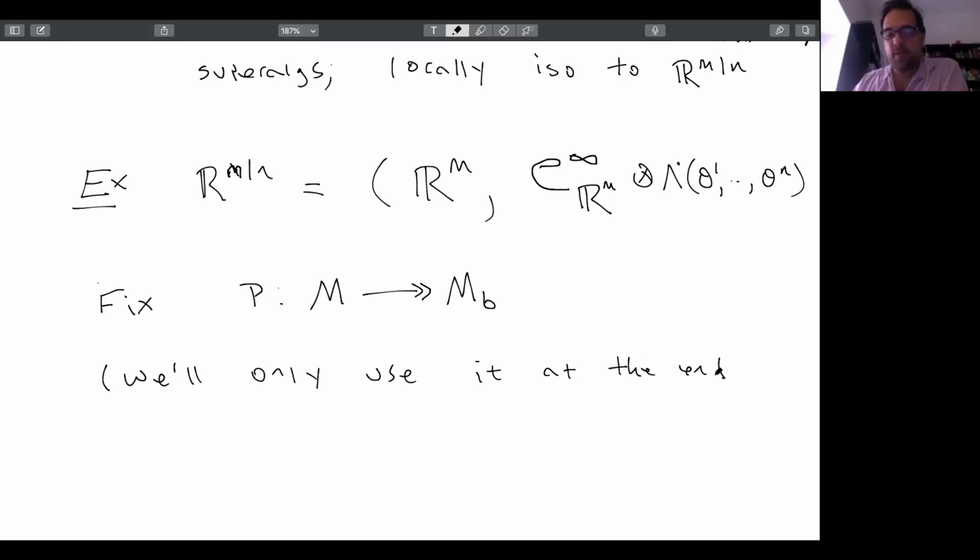When we talk about the body and soul, and by body and soul I mean that what this projection map allows you to do is to divide up things like your functions on the supermanifold in a global way.